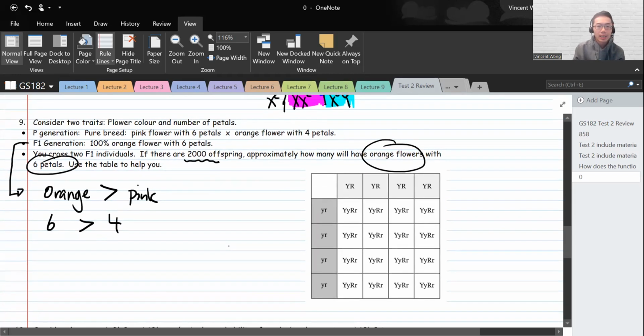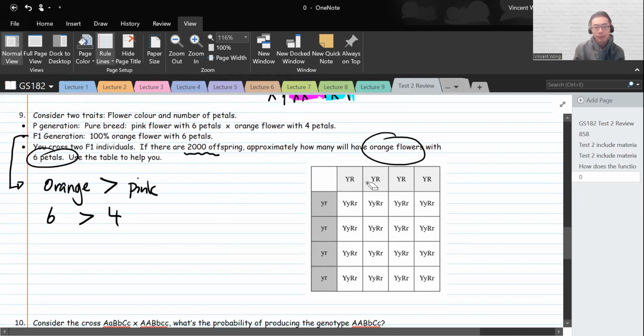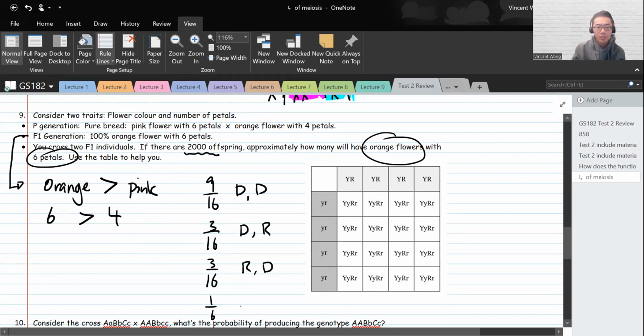So in class I told you, if you have a 4x4 Punnett square, you can do it yourself, but you can also just remember: 9 out of 16 will have both dominant traits, 3 out of 16 will have dominant and then recessive, 3 out of 16 will have recessive and then dominant, and 1 out of 16 will have both recessive.